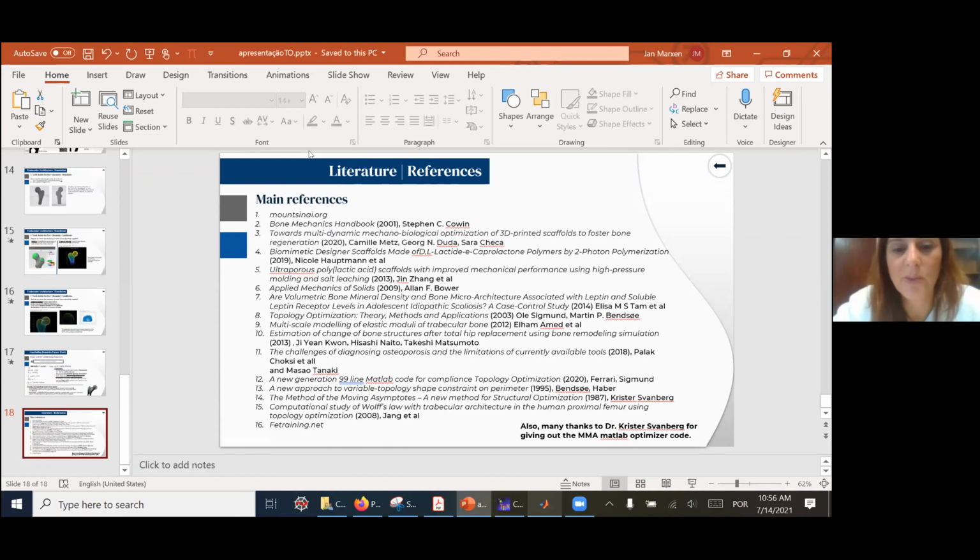Let me also mention to all the participants and the young students that are here with us that Jan is participating in an FCT project, so there are a couple of opportunities you can take. It's a funded project, and he is receiving a salary per month to work in this project.